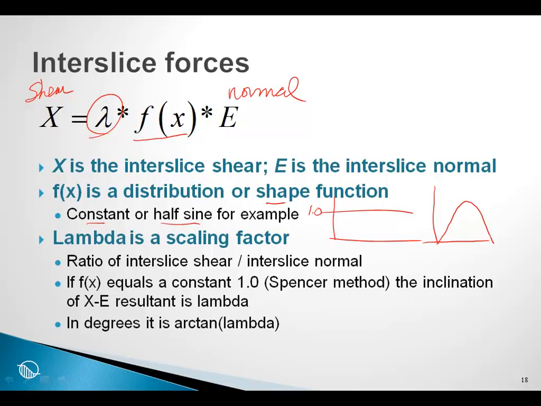If f of x is 1, in other words the Spencer method, the inclination of the shear normal resultant is lambda. Put it another way, in degrees it is arctan lambda. So if we have a slice and we have some interslice normal and some interslice shear, then the angle of the resultant is lambda.